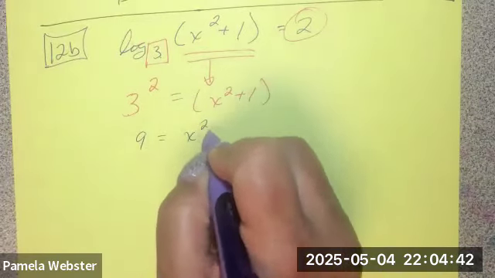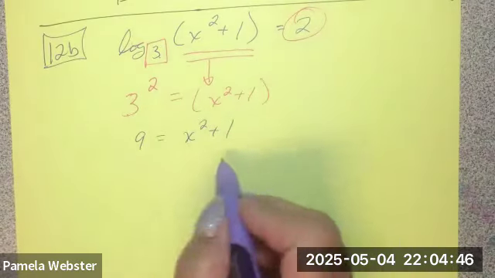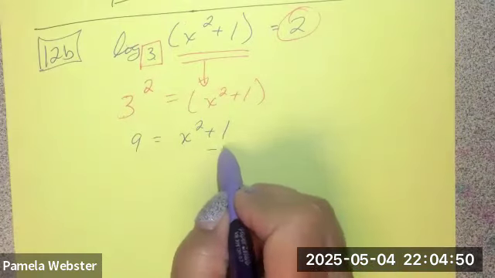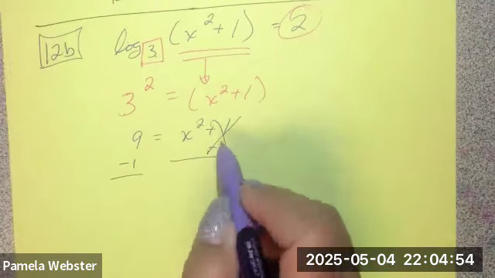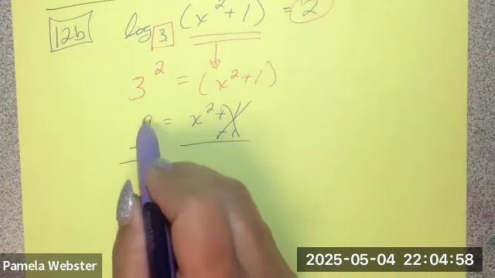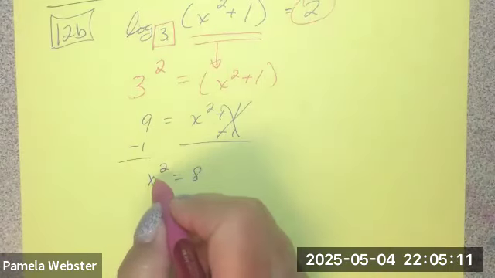9 equals x squared plus 1. Okay. You can solve this by trying to factor or trying the quadratic formula. I'm going to just go ahead because I see there's no bx term, right? It's just x squared and some number. So 9 minus 1 is 8. I'm just going to get the x squared by itself. Okay, so move the 1 over, get the x squared by itself. I flipped sides. Okay, and then I can use the square root property, right?